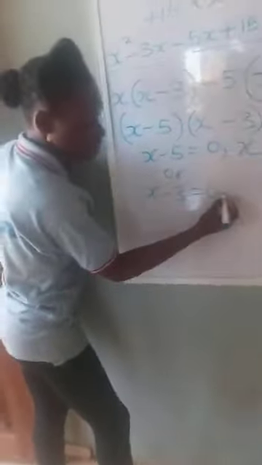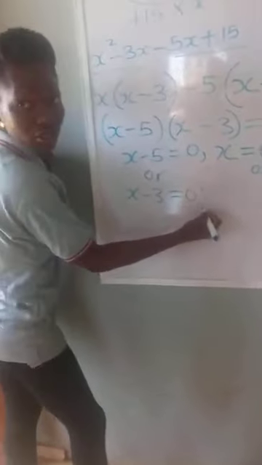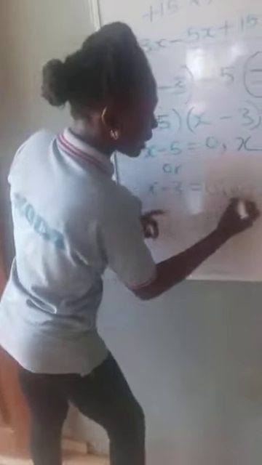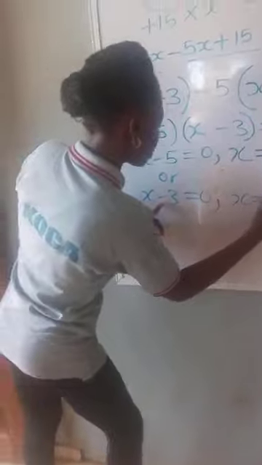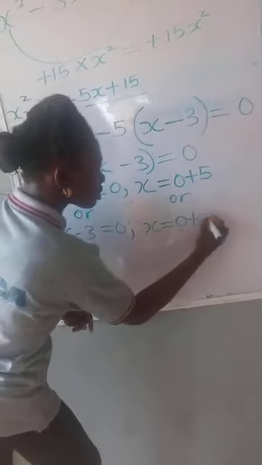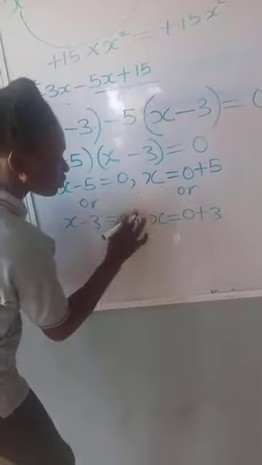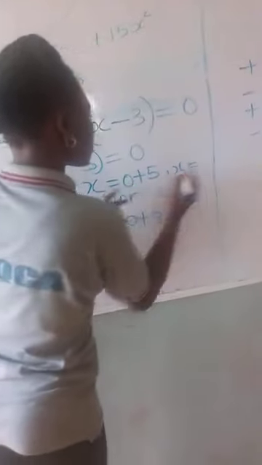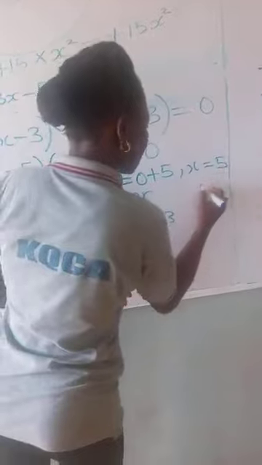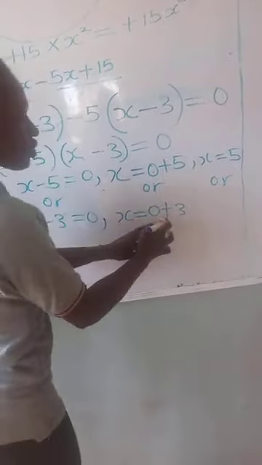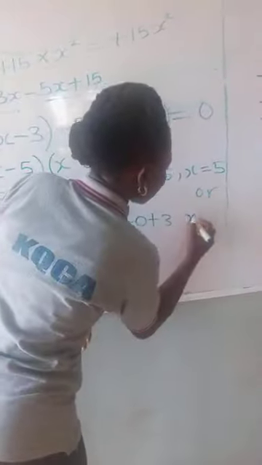Now minus 3 is coming to this side, it becomes plus 3. Now I'm left with x here. That is x will now be equal to 0, and this comes and becomes plus 3. Now, from there, I have my x equal to 0 plus 5, 5, or x equals 0 plus 3, x equals 3.